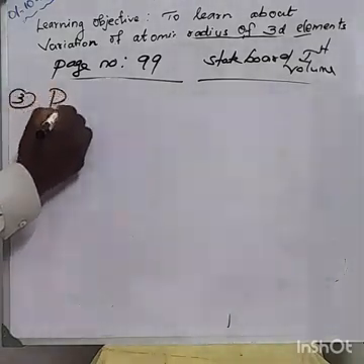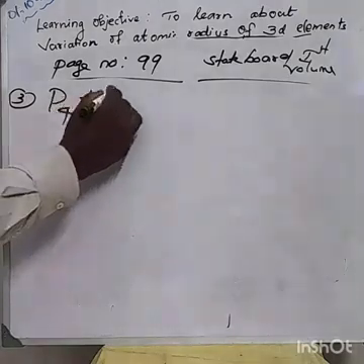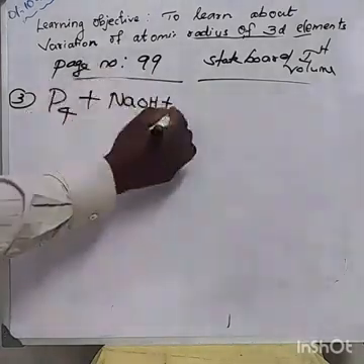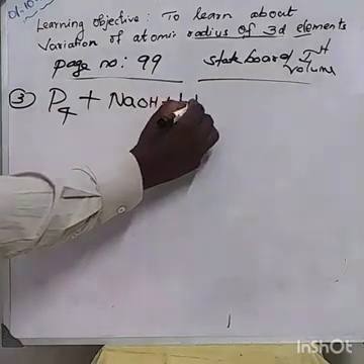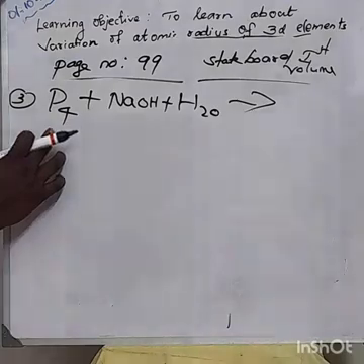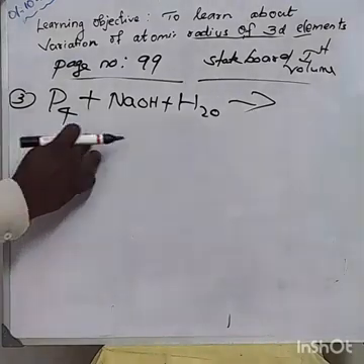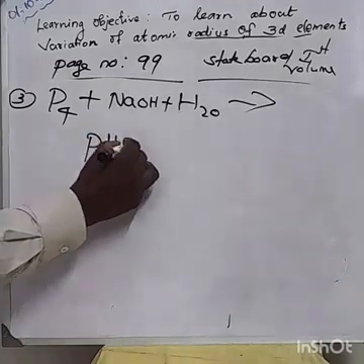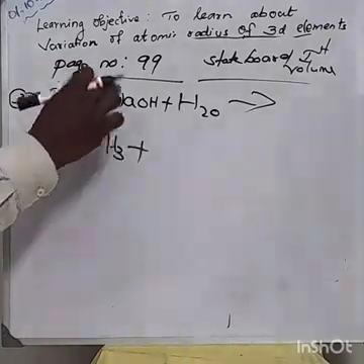Phosphorus reacts with sodium hydroxide in the presence of water. The first product is PH3. What is the formula for phosphine? PH3. Okay, we get PH3. Next, what is the product?